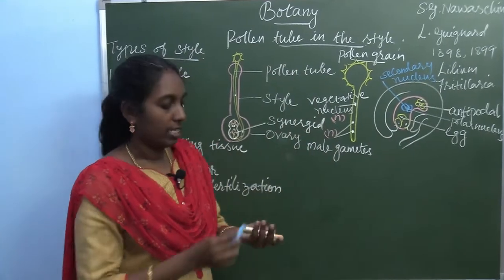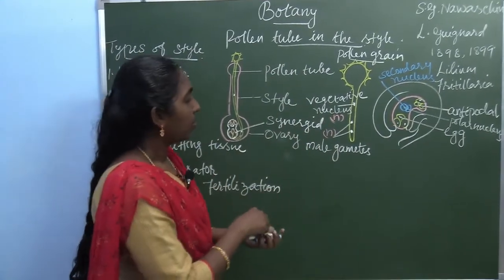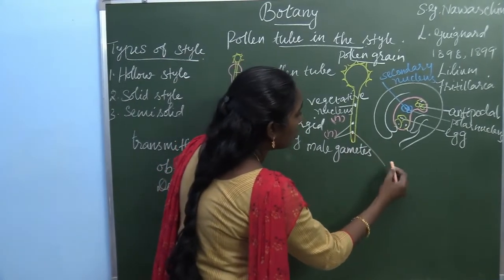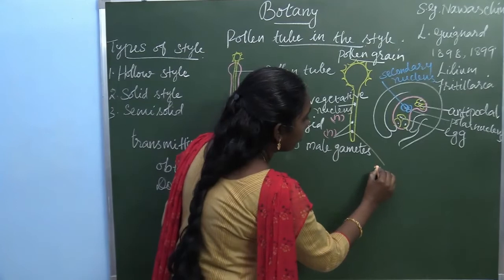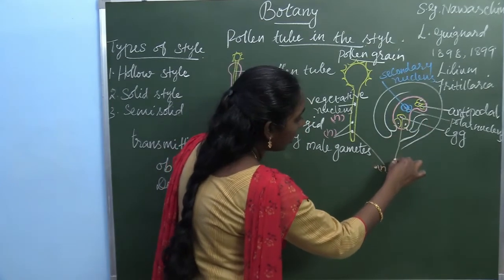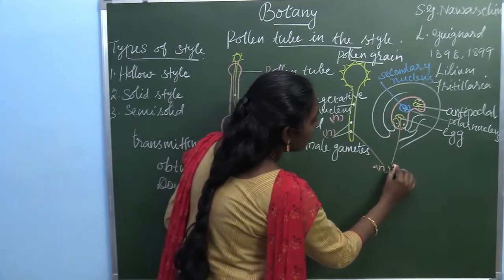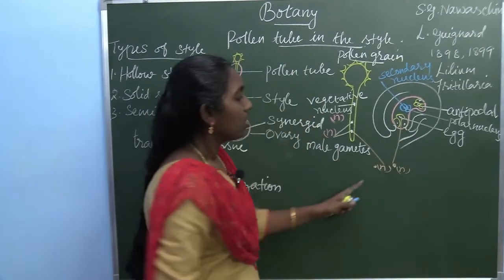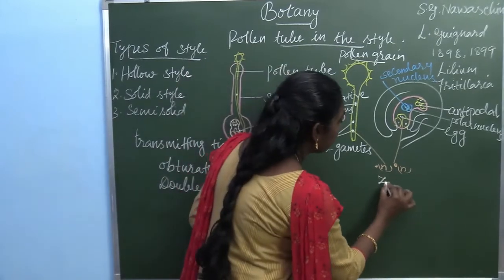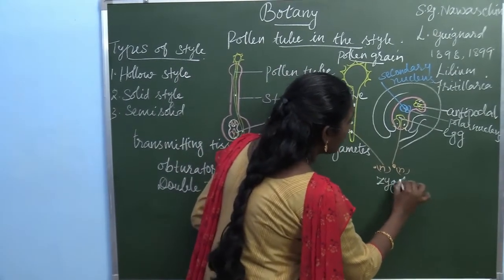In double fertilization, the first male gamete, one of the male gametes, this N, fuses with the egg. So, this egg cell is also N. So, N plus N forms the zygote, formation of the zygote.